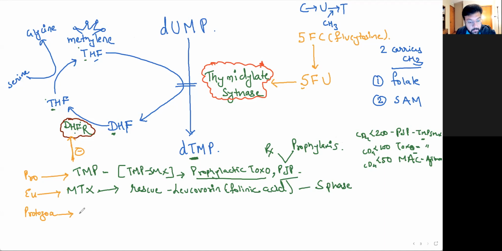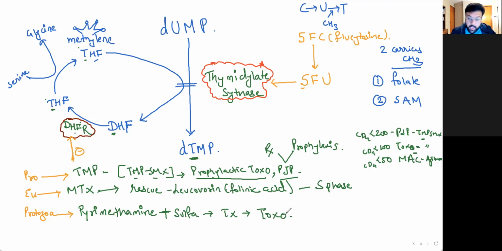Have you heard of pyrimethamine? So this is trimethoprim-sulfamethoxazole. Pyrimethamine, along with the sulfa drug, you are going to treat toxoplasma.